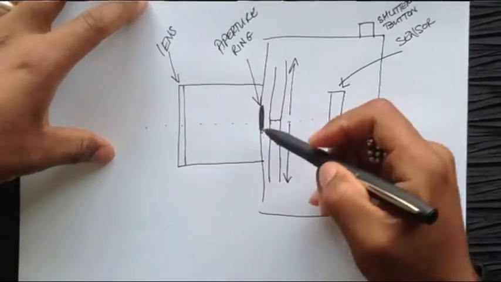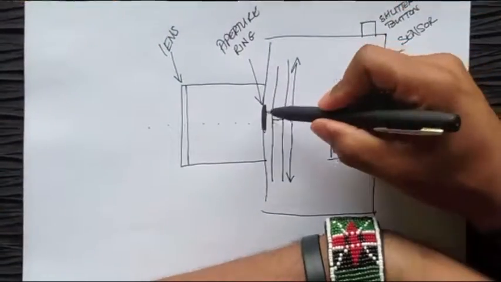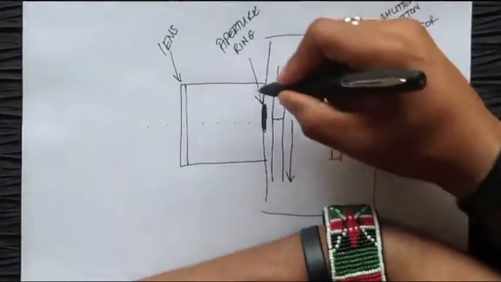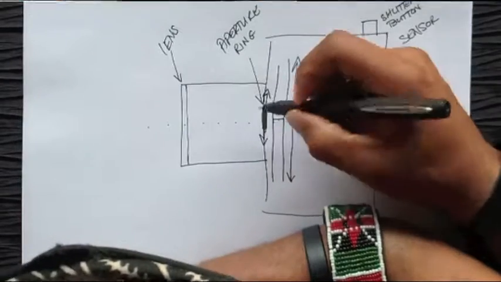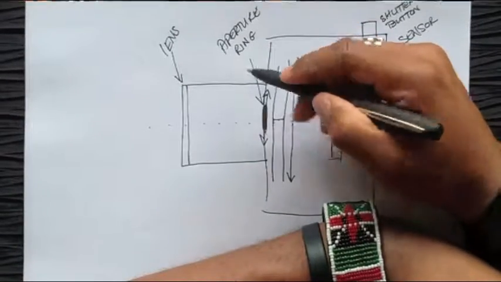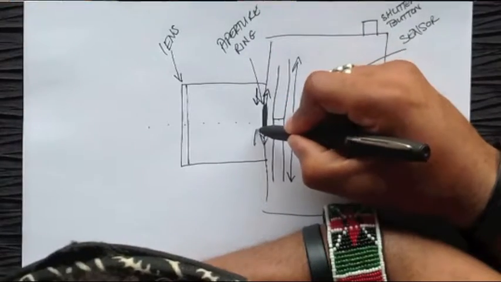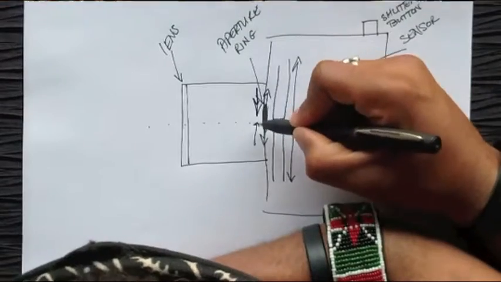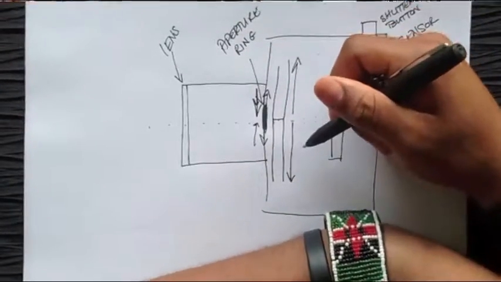So with that said, we have the ring that can actually go big, so it can open up even wider than this, right? And then it can close down as well, making it very, very small. So let's do it like so, just a little bit of light can actually get through, okay?